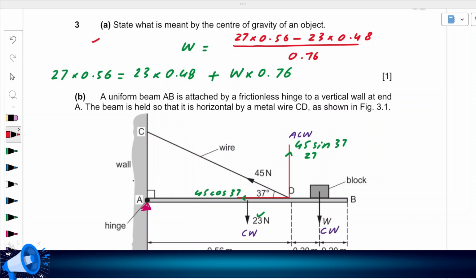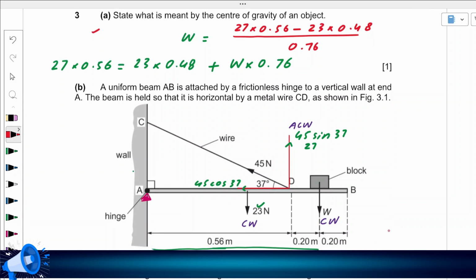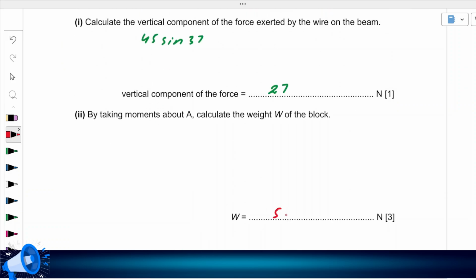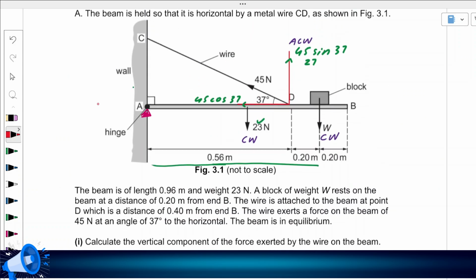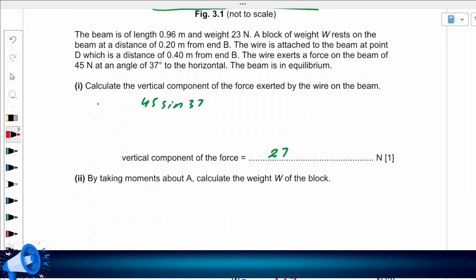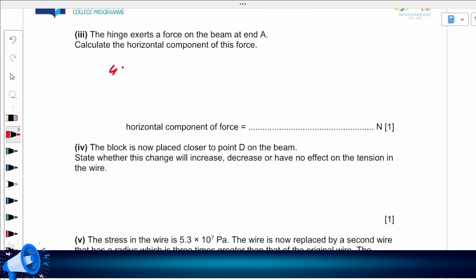And you will be getting 5.4 as the weight into SF. Calculate the horizontal component of this force. Okay, so how much was that? 45 times cos 37. Should be 36.